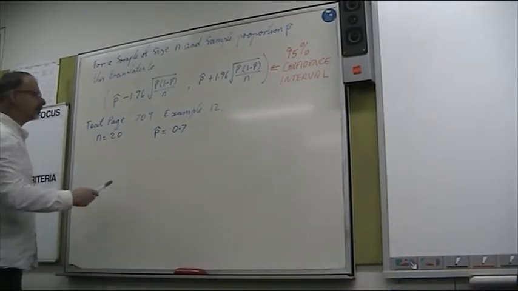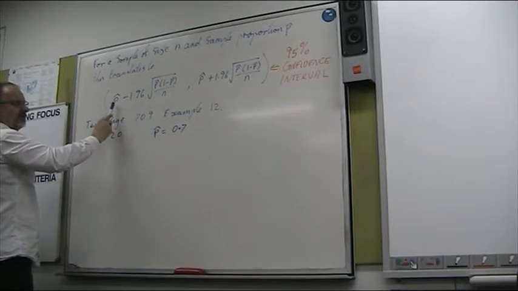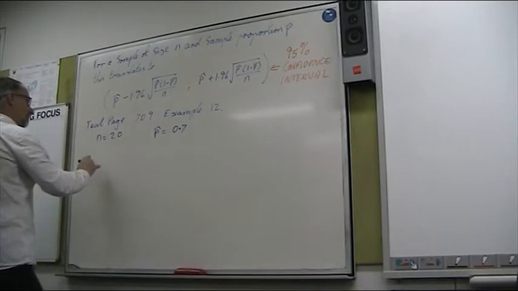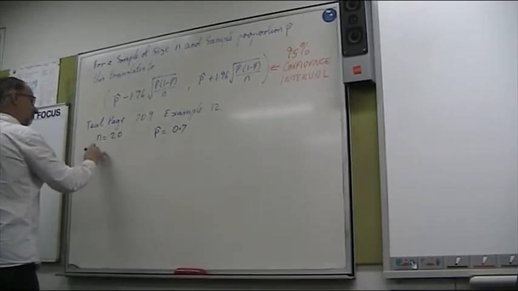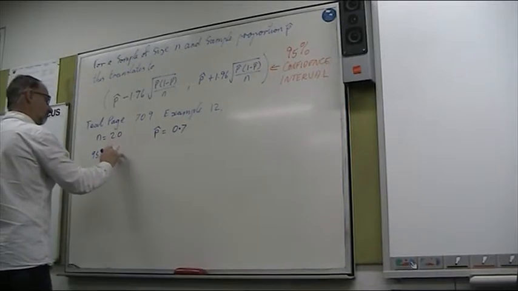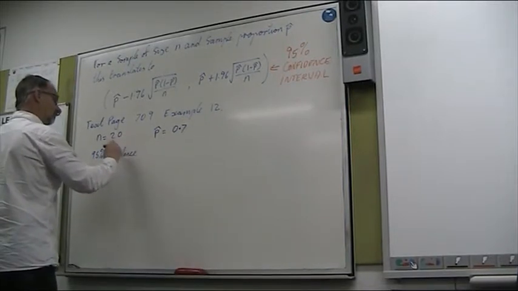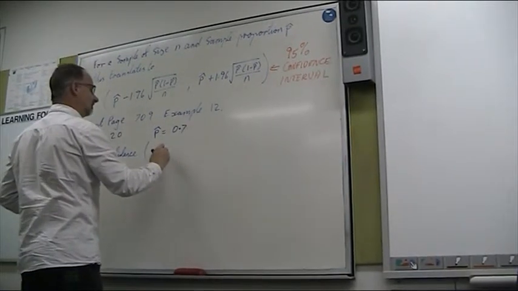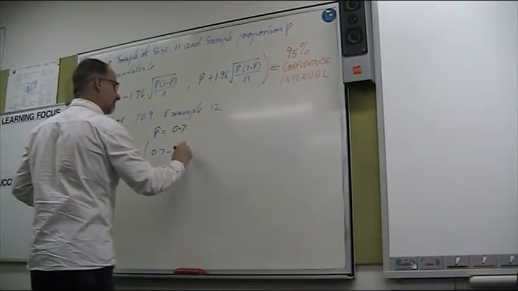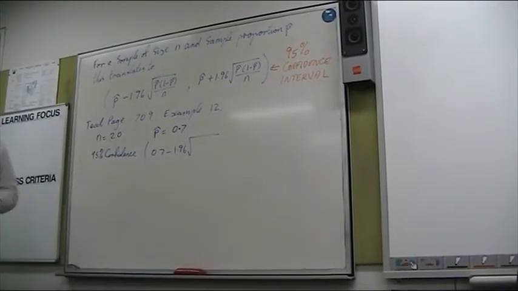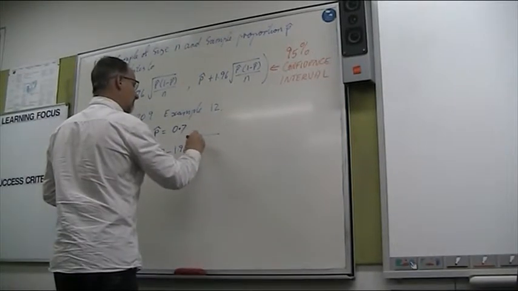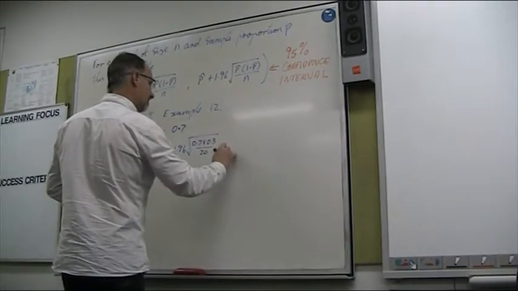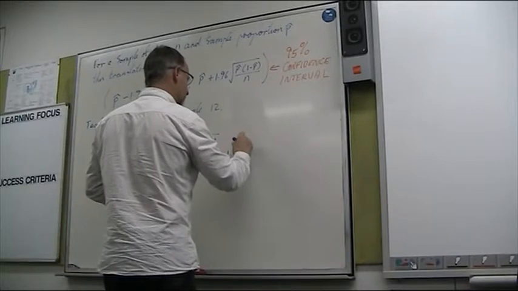All right. So for our 95% confidence, we're using this thing here. So 95% confident is our sample proportion, 0.7, minus 1.96 times the square root of 0.7 times 0.3 over 20, between there and 0.7 plus.